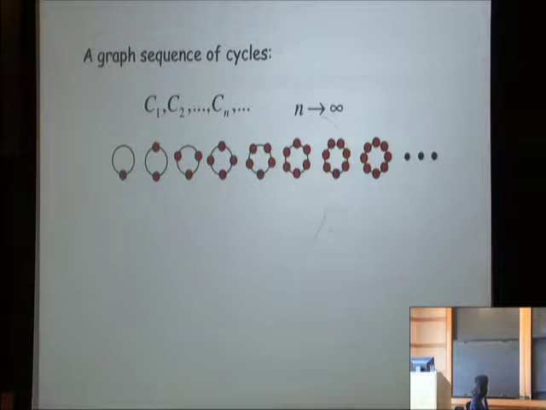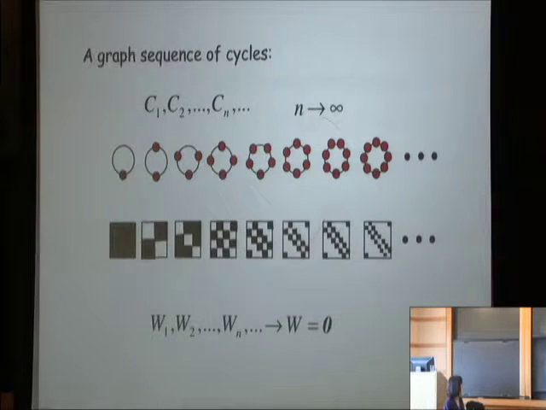On the other end of the spectrum, we have very sparse graphs like the cycles. And if you take the W matrix, you can see it drifting to 0. So if we just use W to represent these graph limits, all the sparse ones are going to converge to the same thing, which is 0.